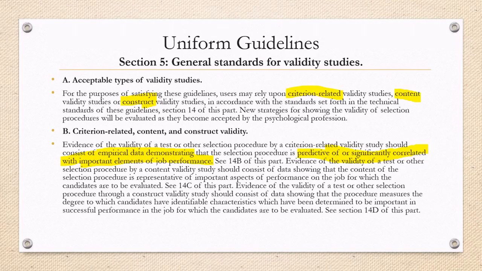So as you can see here, the acceptable types of validity studies include criterion-related validity studies, content validity studies, or construct validity studies. And a criterion validity study should consist of empirical data demonstrating that a selection procedure is predictive of or significantly correlated with important elements of job performance.